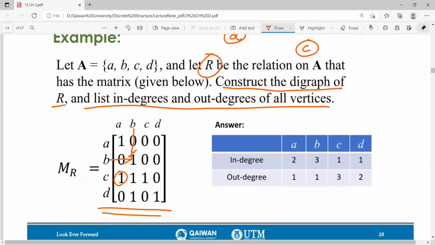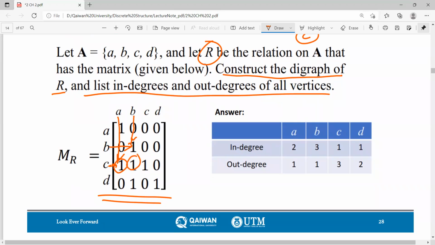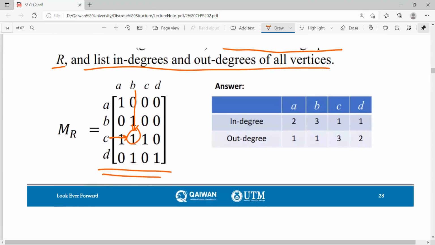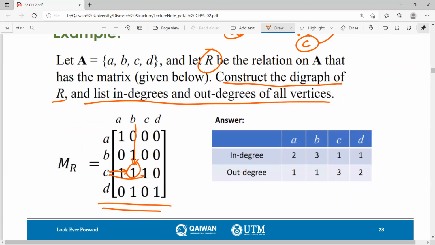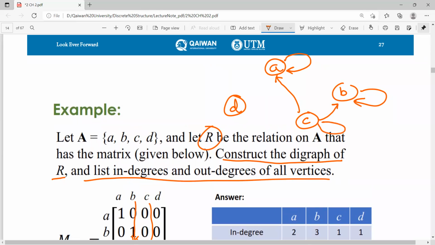Then this one is C and A, which means we have an arrow from C to A. About this one, we have an arrow from C to B. And then from C to C, we have an arrow from C to itself.